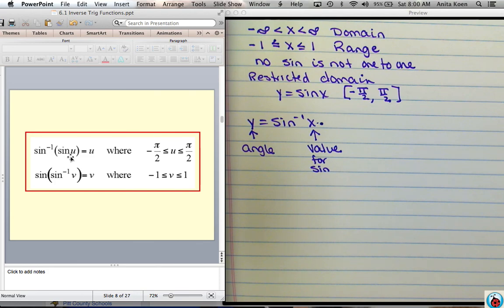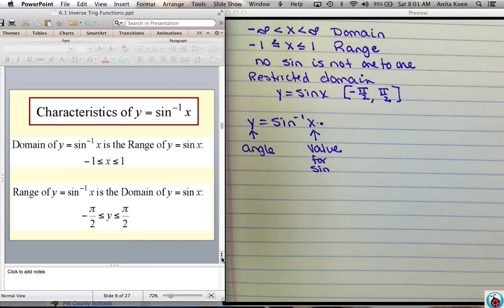So if I do the sine inverse of the sine of u, I'm going to get what I started with, as long as my u is in the restricted domain for the sine. And the sine of the sine inverse of v is going to equal v, what I started with, as long as v is between negative 1 and 1. This is very important. This is only true in this restricted domain. This is only true between negative 1 and 1 inclusive.